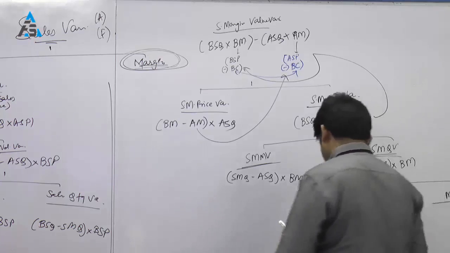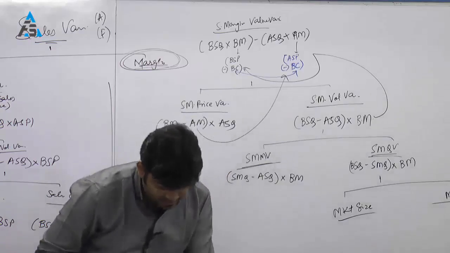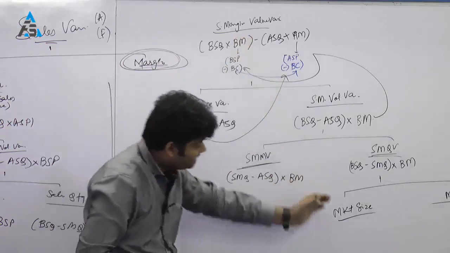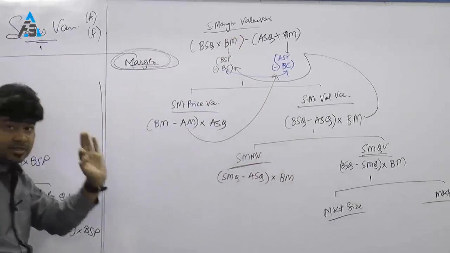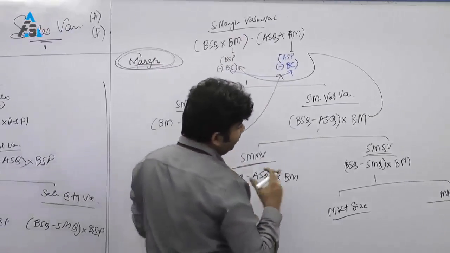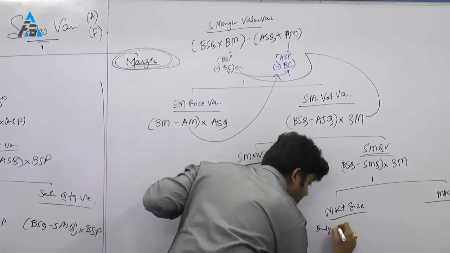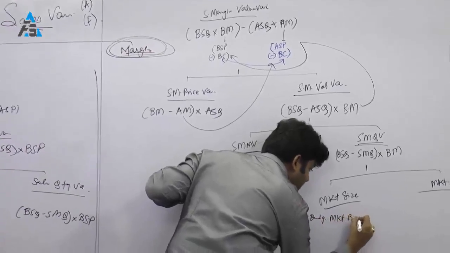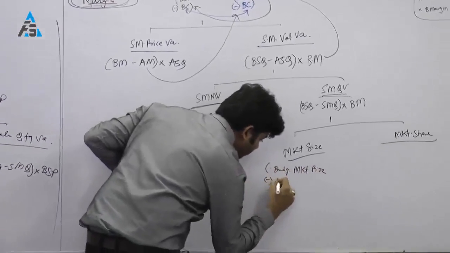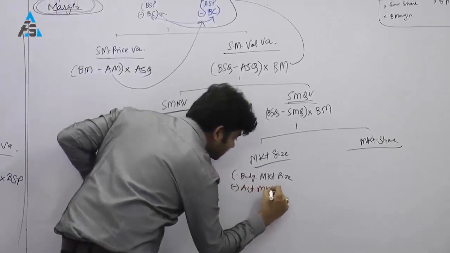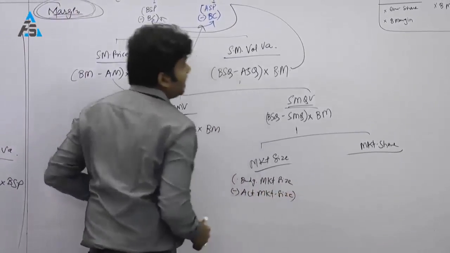Now, how is this interpreted? Market size is written like this. Market size is the budgeted market size vis-a-vis the actual market size. So I will say budgeted market size, what they had thought, minus what the market size actually worked out to be.